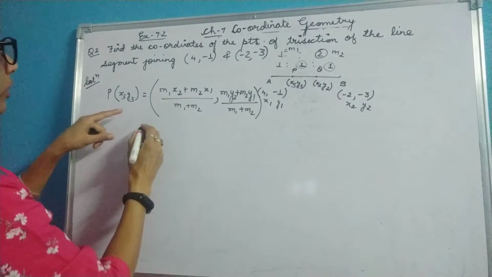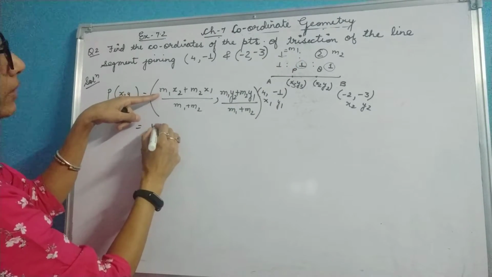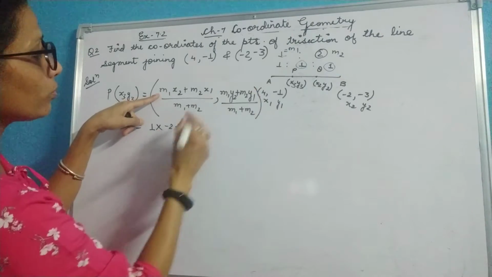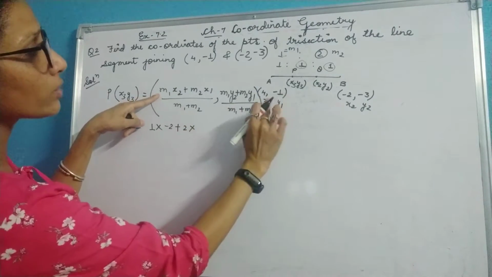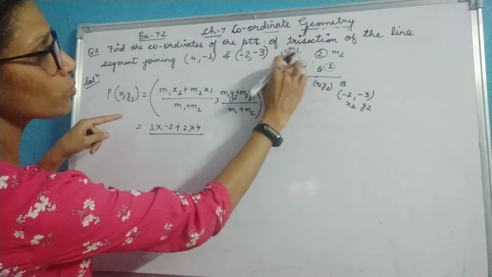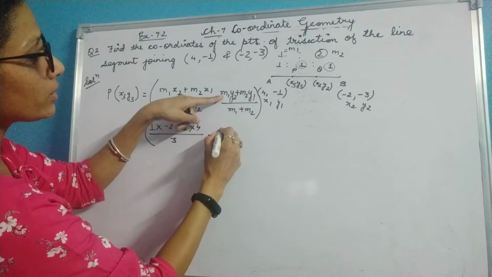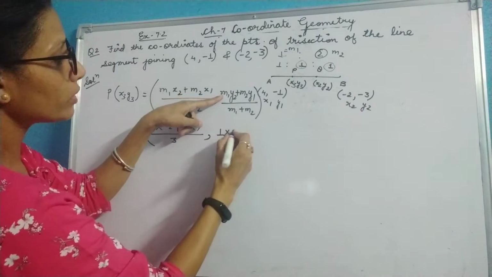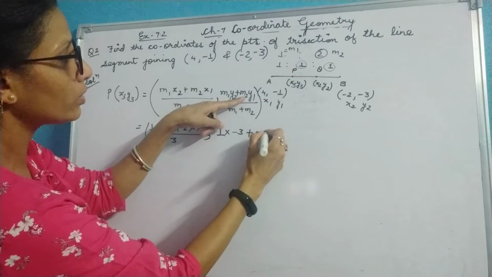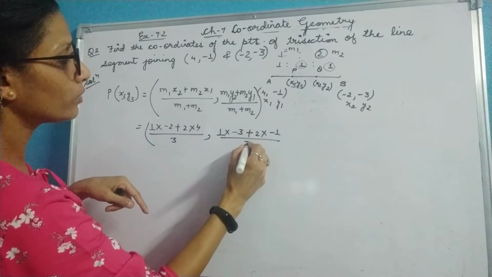Fine. So here I will be putting M1 is 1. x2 is -2 plus M2 is 2 into x1 is 4, whole upon M1 plus M2, that means 1 plus 2, which gives you 3. Again M1 is 1 into y2 is -3 plus M2 is 2 into y1 is -1, whole upon 1 plus 2, which is 3.